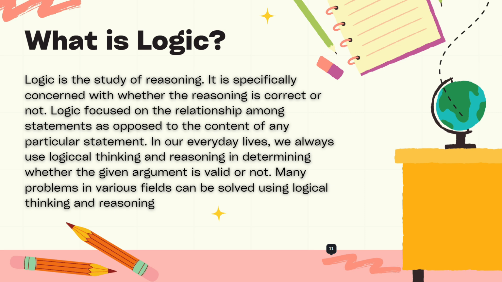First, let us understand what logic is. Logic is the study of reasoning. It focuses on whether a reasoning process is correct or incorrect, rather than what we personally feel or believe. In logic, we are not interested in opinions. We are only interested in whether a statement can be proven to be true or false.